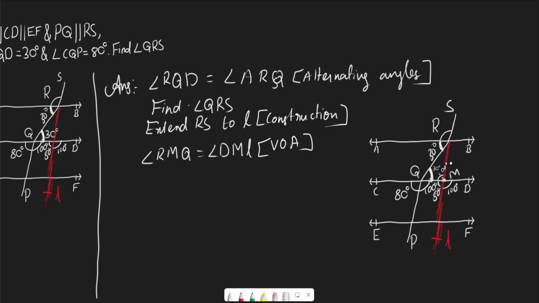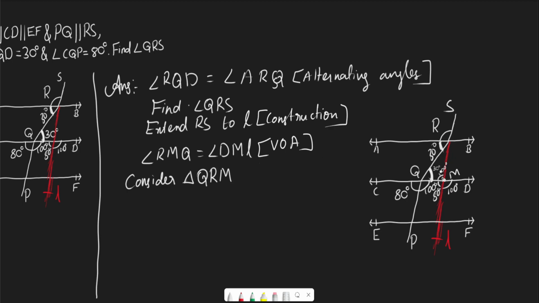It's a triangle, and we have the two angles, so we know that this is going to be 130. So let's write: consider triangle QRM.